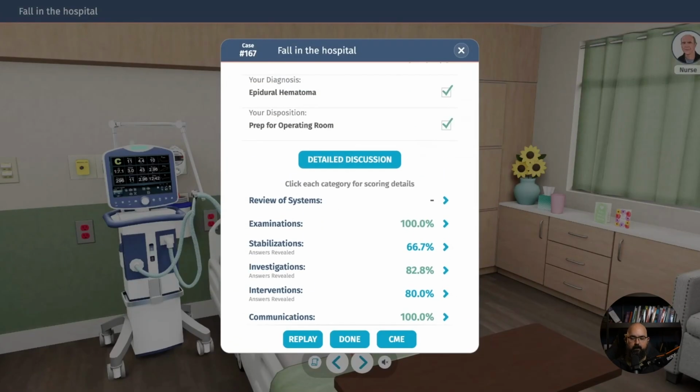Okay, so why don't we talk about some of the components of this? Let's see. Hold on. Okay, that's better. Let's talk about epidural hematomas themselves. Broadly speaking, there are several different kinds of bleeding in the cranium.